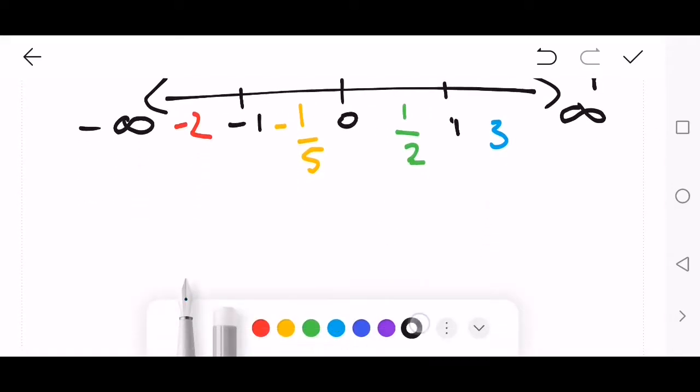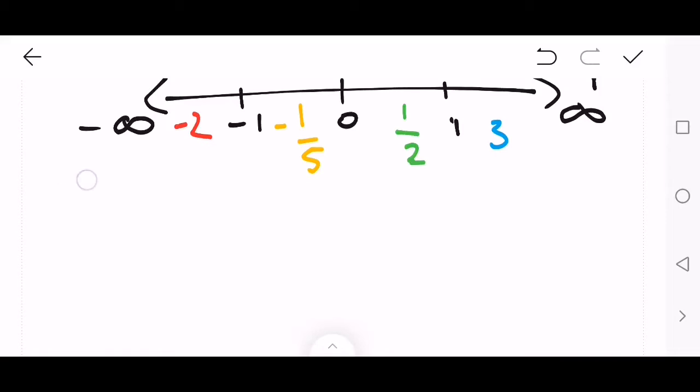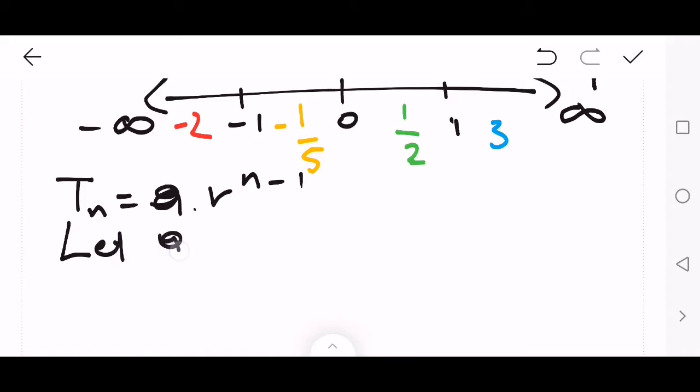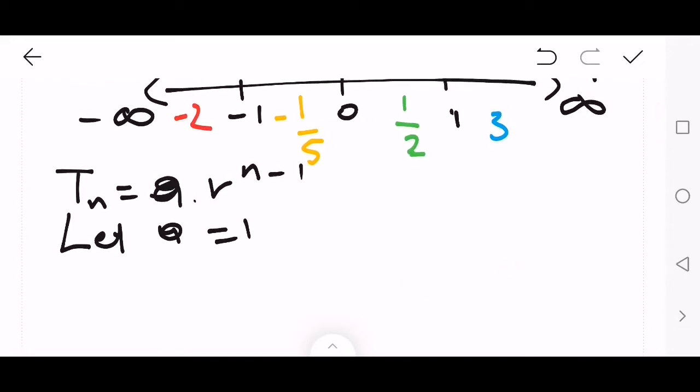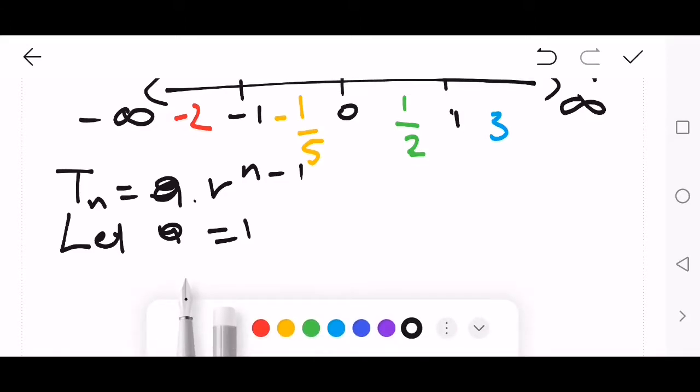Let us consider the general formula of a geometric series, which is Tn equals A times R to the power n minus 1. Now let A be equal to 1, and let us evaluate the sequence per term of the geometric series given by the constant ratios that we have chosen on the number line.